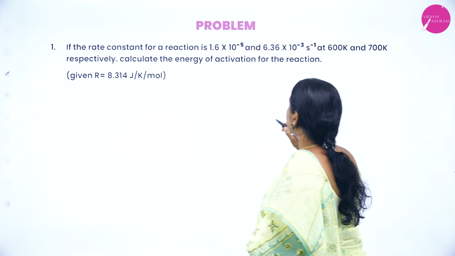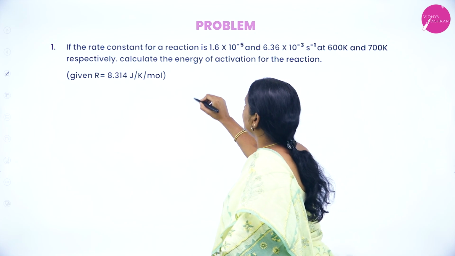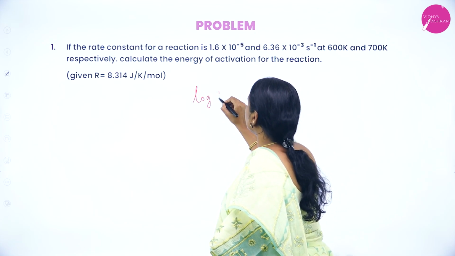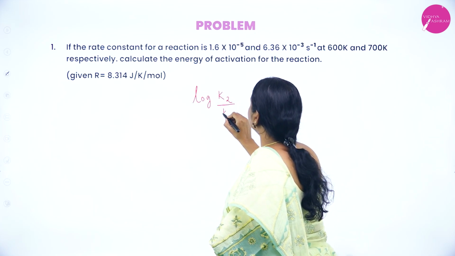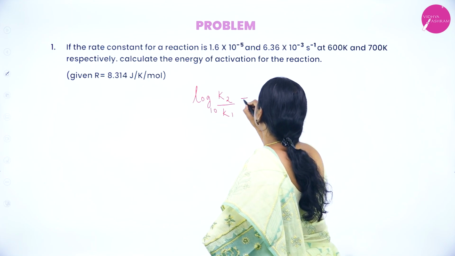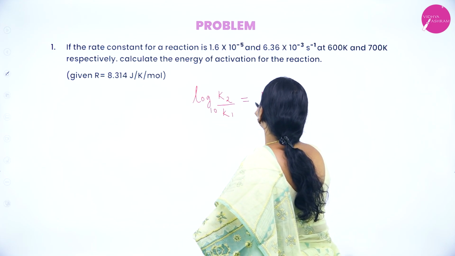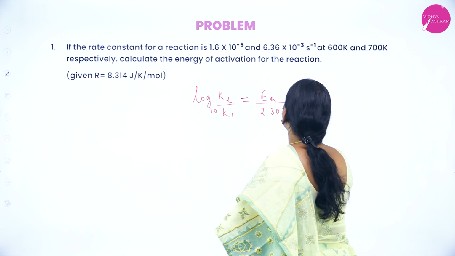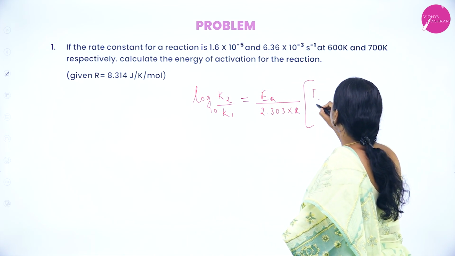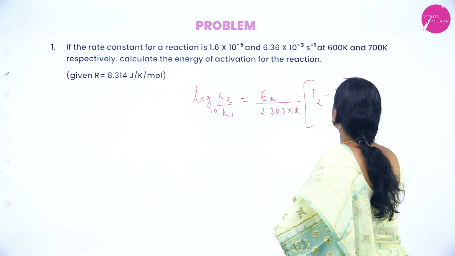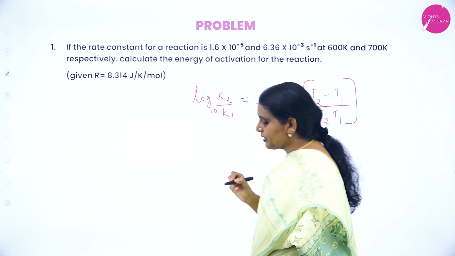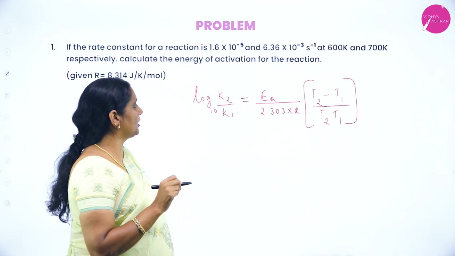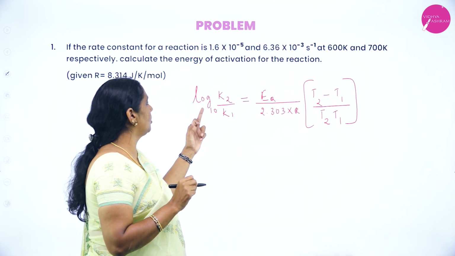On the Arrhenius equation, you already know that the velocity constants K2 and K1 at temperatures T2 and T1 are related by this equation. My dear students, please observe the formula on the board.